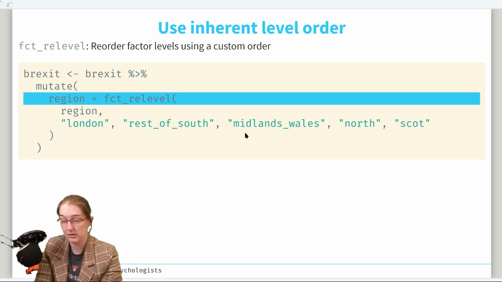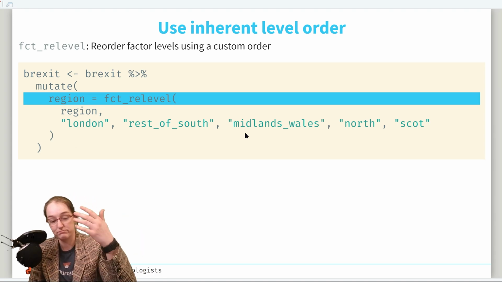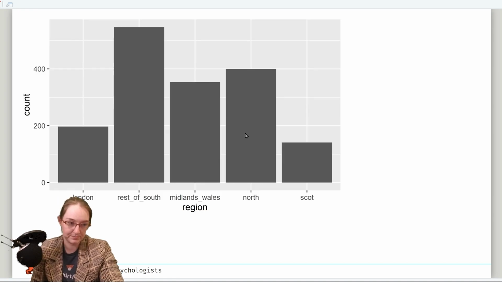We'll do that later. But here, what we've done is intentionally reordered our labels so that the default is at least not just alphabetical. So now we have at least it slightly.